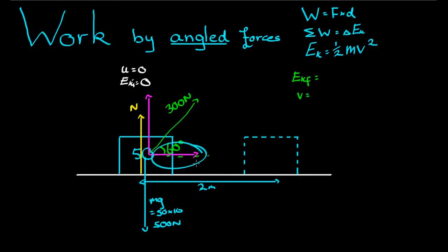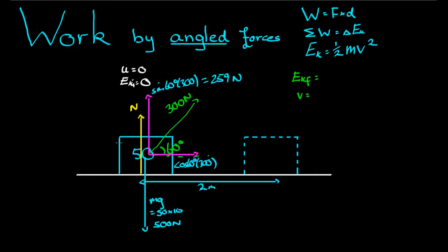The horizontal component of the force is cos 60 degrees times 300, and the vertical component is sine 60 degrees times 300, which is equal to root 3 on 2 times 300, or 259 newtons. So there's 259 newtons worth of upward force being applied by that slanted force here.